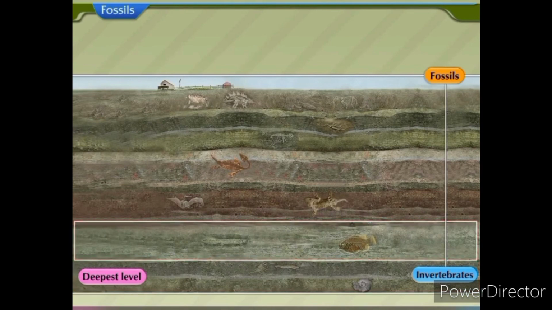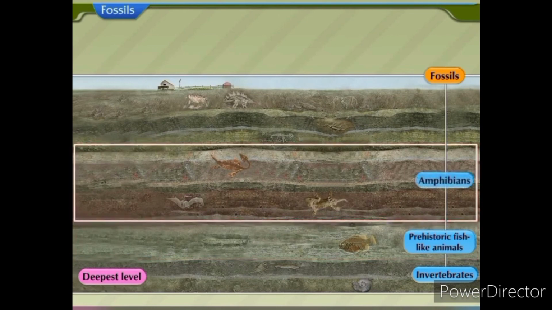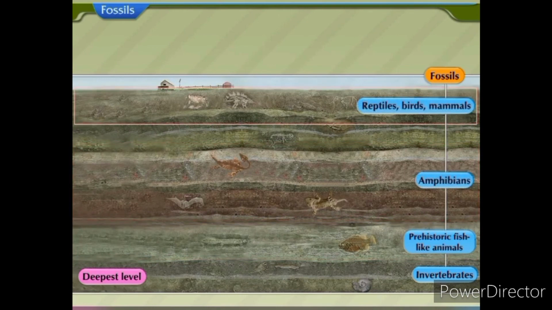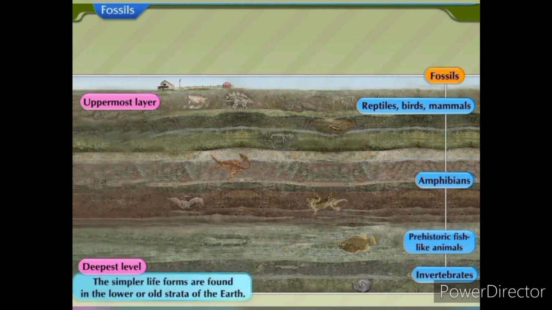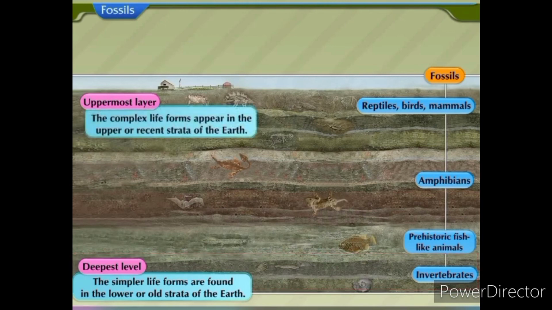A layer above them were found the prehistoric fish-like animals, above which were the amphibians. The reptiles, birds, and mammals were found in the uppermost layer. This record suggests that the simple life forms are found in the lower or the old strata, while the complex forms appear in the upper or recent strata of the earth.